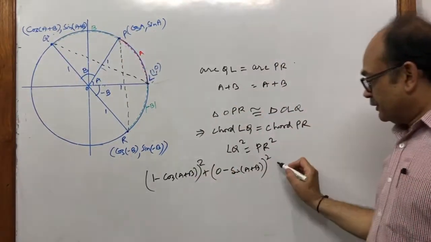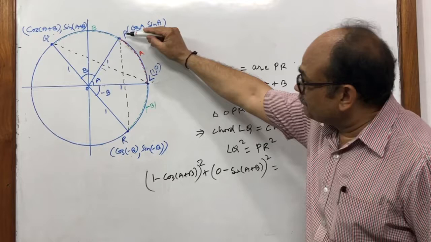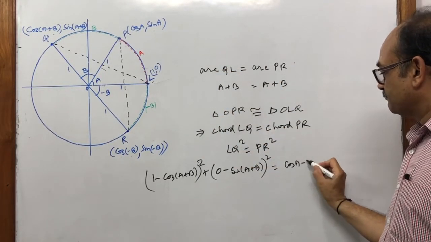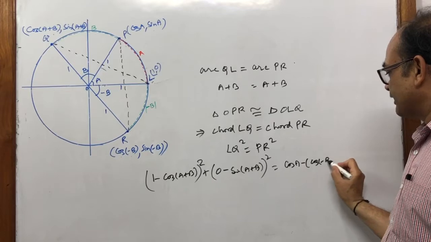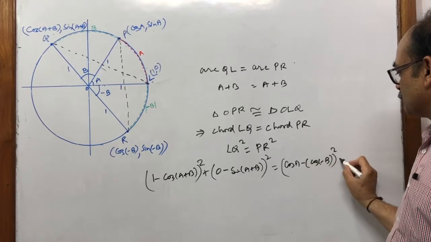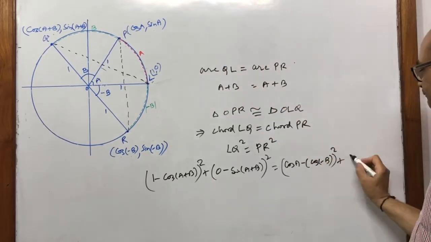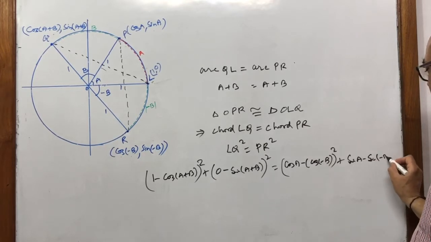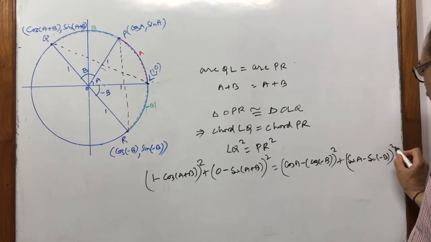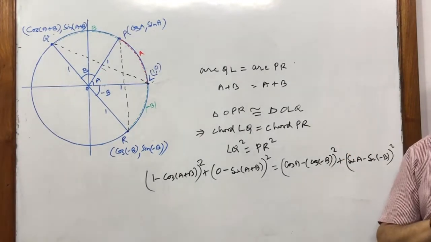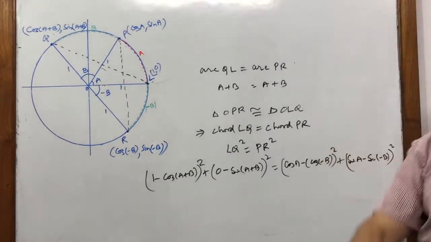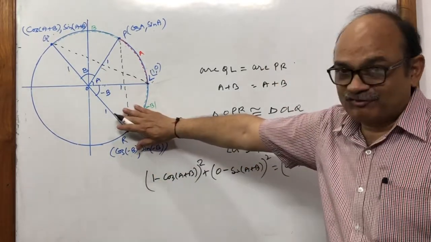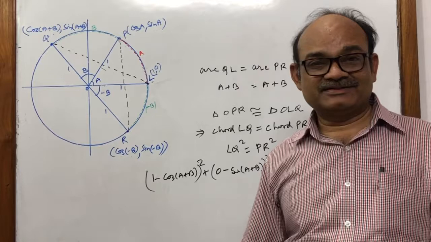Equals PR: (cos A minus cos(minus B)) whole square plus (sin A minus sin(minus B)) whole square. Yes or no? What is cos of minus B? We have already completed it. It is in the 4th quadrant, where cos and sec are always positive.